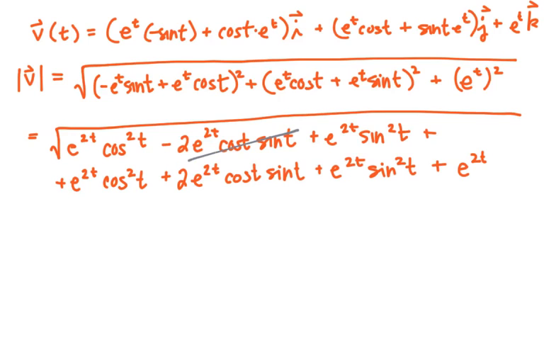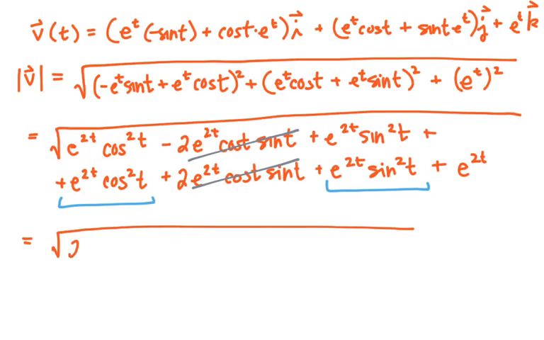So hopefully we notice those middle two terms cancel, and I can add my sine squared and cosine squared terms. So now I have the square root of 2e to the 2t cosine squared t plus 2e to the 2t sine squared t plus e to the 2t.